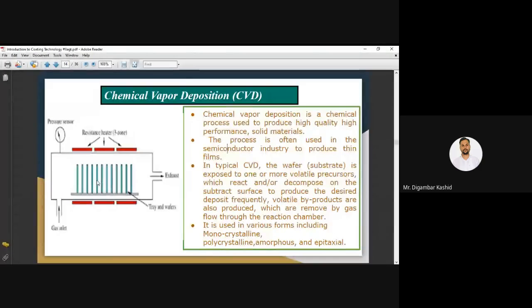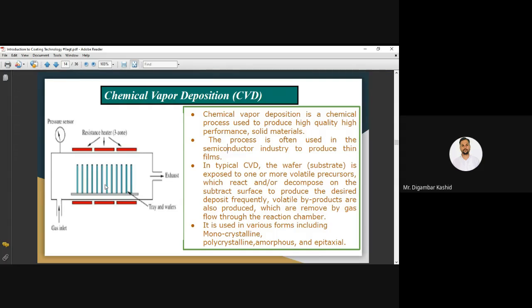Then we have to expose this substrate to one or more volatile precursors, which will react or decompose on the substrate surface, so that it produces the desired deposition on this work substrate.